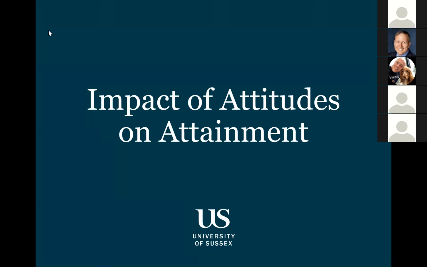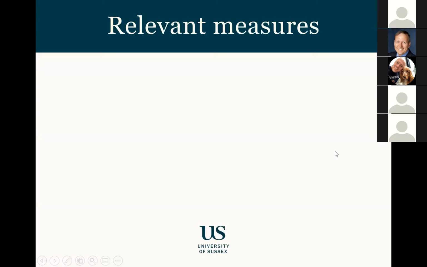So I will talk you through the quantitative side of the preliminary analysis we've been doing. We're going to look at attainment within the first and second year cohort. As Jennifer has already explained the setup of the study, I will not go over that again.